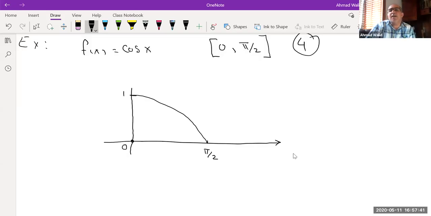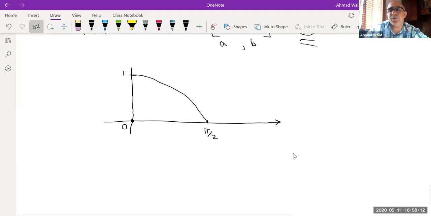I don't care about the other part of the graph because my interval is from 0 to pi over 2. I will calculate this area, basically, the area between the graph of cosine and the x-axis. How to calculate? Using 4 rectangles. This number is actually your A, this number is actually your B, and closed interval AB, right?